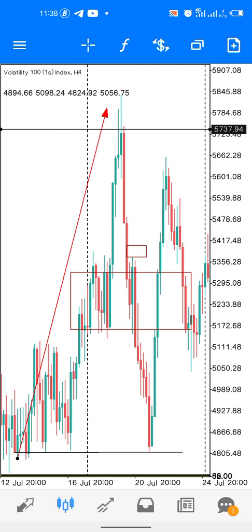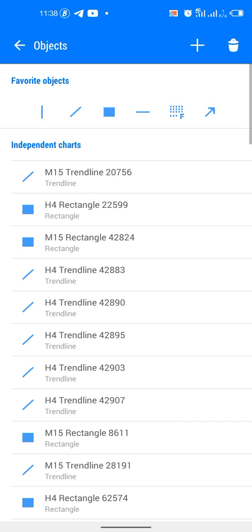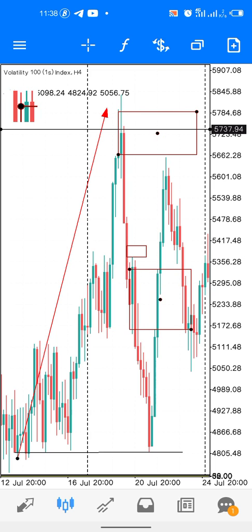As I see this, I'm expecting price to either bounce on this order block at this point and reverse, or bounce on this other order block and reverse. But price did not reverse, it broke it.